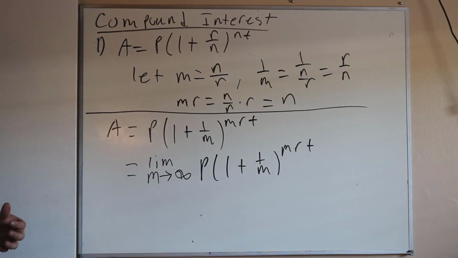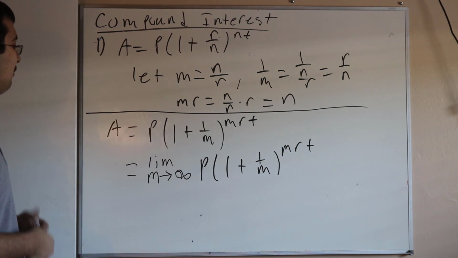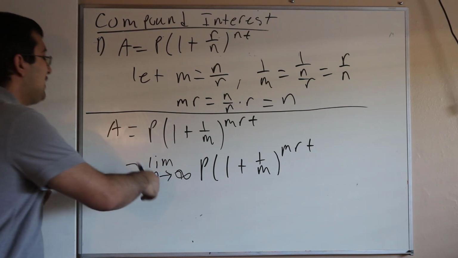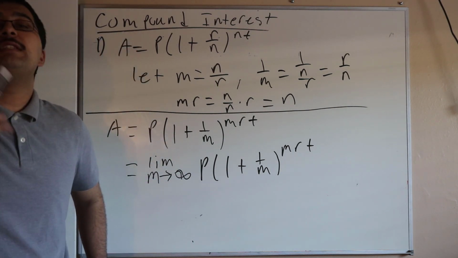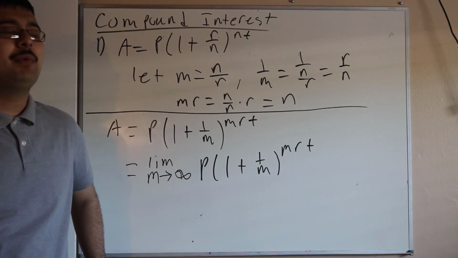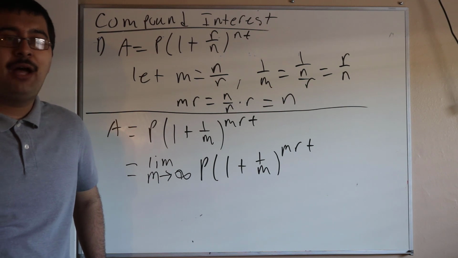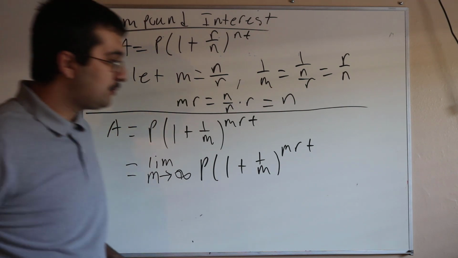To convince you, if you're unconvinced of why this is what we're considering, this m approaching infinity is saying let m be as big as you want it to be. Again, we're just considering the scenario where we let the number of times we compound be as big as we want in a given year. We don't fix that number.